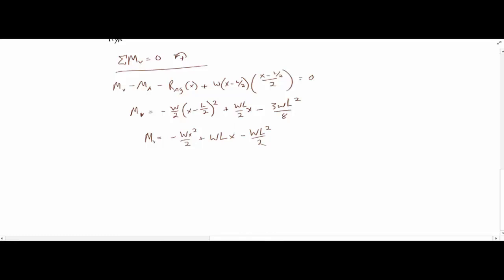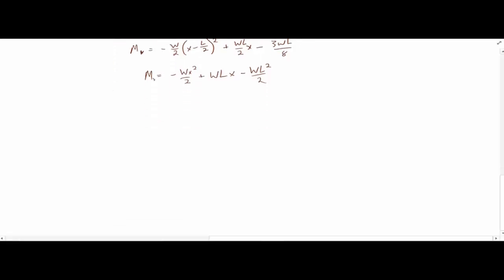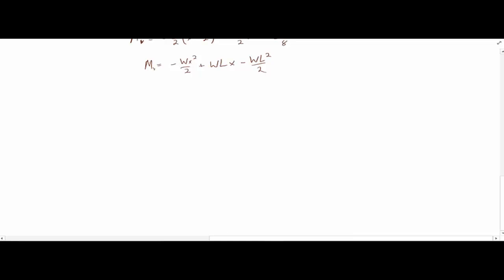Okay? And in the same process that we've done before in the previous parts of this problem, we're going to integrate this twice. So we can say our EI d squared ν over dx squared, or second derivative, equals our moment at x, which now equals negative wx squared over 2 plus wLx minus wL squared over 2.